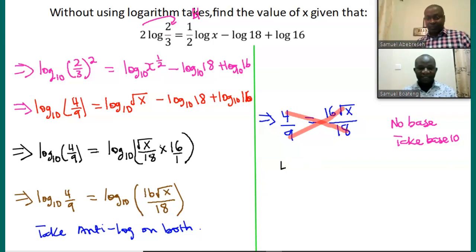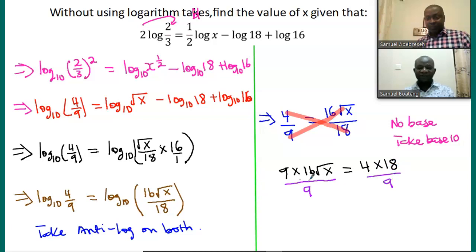9 times 16 root x is equal to 4 times 18. We can divide both sides by 9.